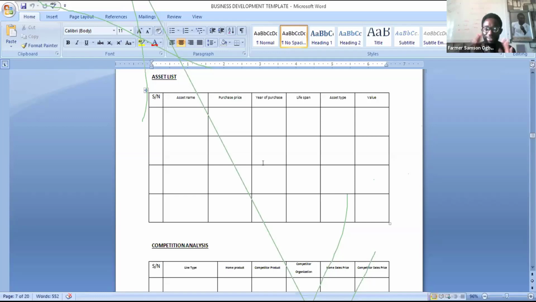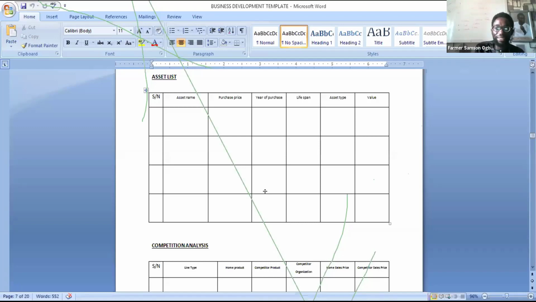State what you have, because at the end of the day, if they are going to cross-check to see whether or not you are lying, they are going to use the assets that you listed to determine whether or not those things are available.